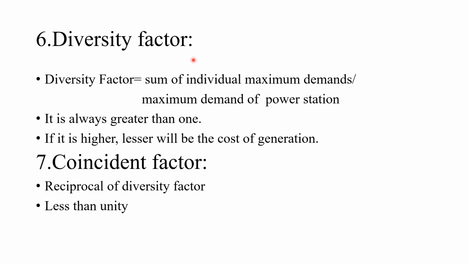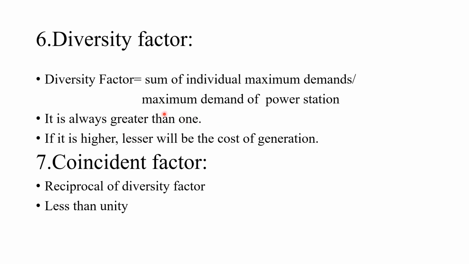Next is diversity factor. That is nothing but the sum of individual maximum demands divided by maximum demand of the power station. And it is always greater than 1 because the sum of individual maximum demands will be much higher than that of the maximum demand of the power station. So its value is greater than 1, and this point is also important for technical exams.